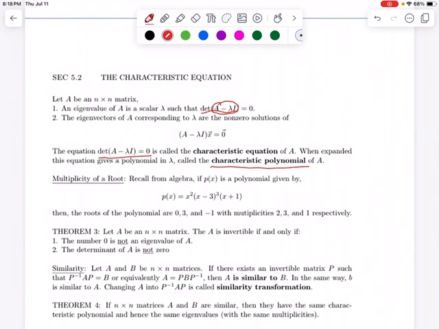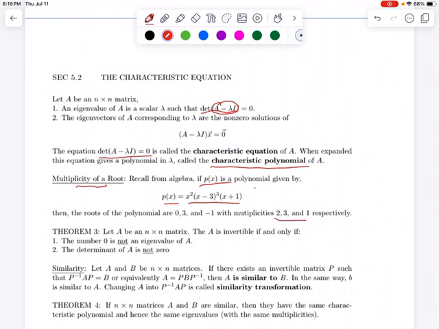Okay, so when we find the polynomial, we might get something like this I am showing here. From algebra, if you recall, there is something called multiplicity of a root. Recall that if a polynomial in x is factored like this, x squared, x minus 3 whole cubed, and then x plus 1, the zeros or roots of the polynomial are 0, 3 and negative 1, but their multiplicities are like this.